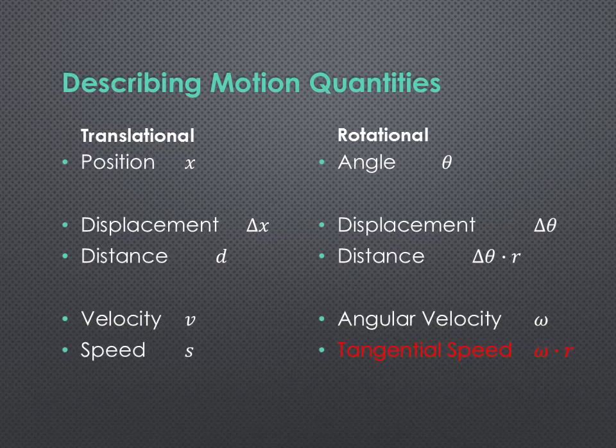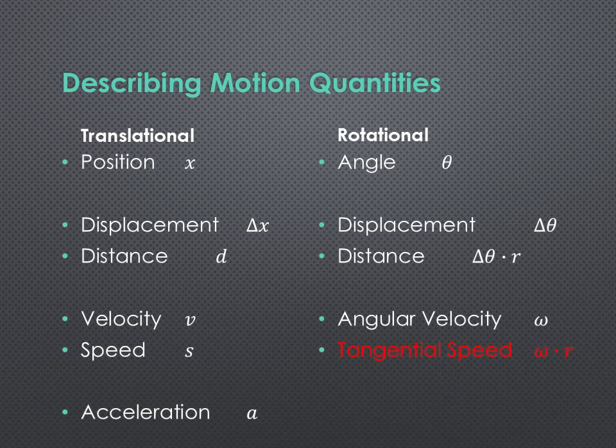Here's where our analogy breaks. When we talk about angular velocity, we mean omega. If I say speed and I'm talking about rotational motion, I'm actually talking about the tangential speed, which is omega times the radius. Angular velocity is sometimes also known as angular frequency or angular speed. We'll come back to that in a moment.